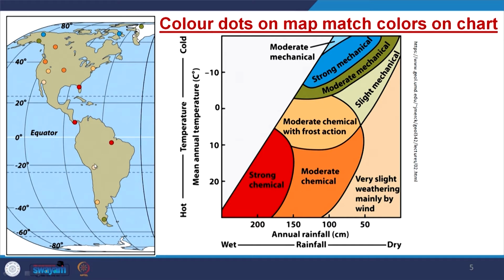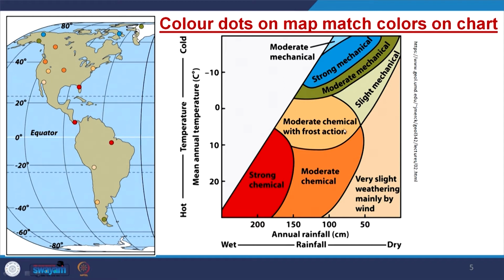Similarly, if you concentrate on moderate chemical weathering, this is moderate chemical weathering here, here and here. So, that means just these two continents are shown here, but it is valid for the whole globe.